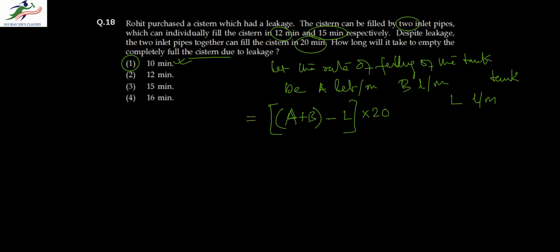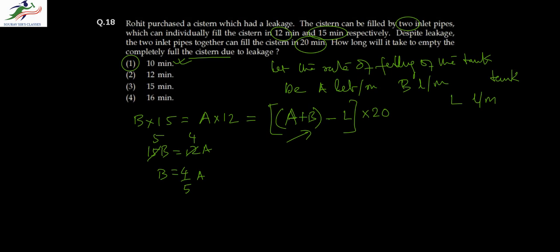And it is also told that A individually can fill the tank in 12 minutes. So at the rate of A, it will take 12 minutes to fill the tank, and B will similarly take 15 minutes to fill the same volume. So this is the equation that we get by using the conditions, and from this I can say that 15B is equal to 12A, or 5B is equal to 4A, or B equal to 4 by 5 A, and I can put this value in this.